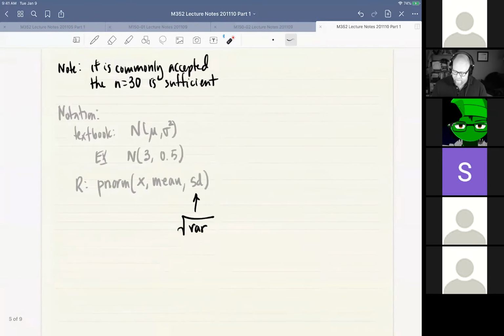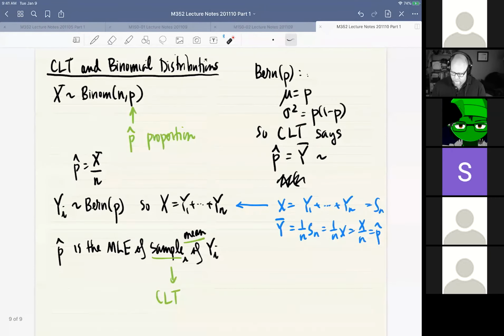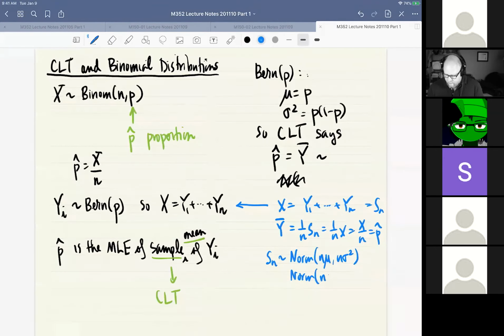Let's copy that down. Our mean is p. Our variance is p times 1 minus p.